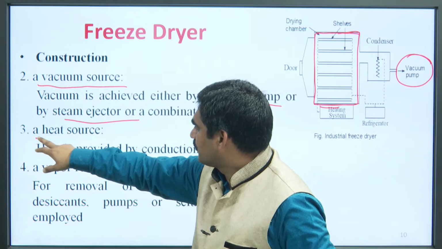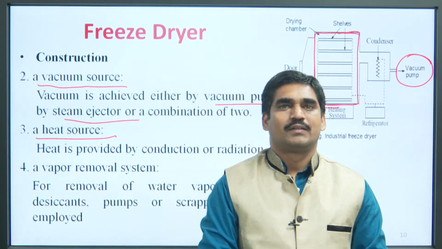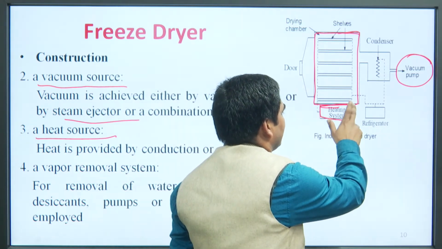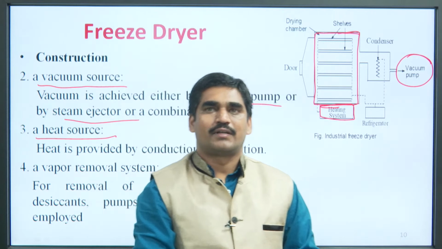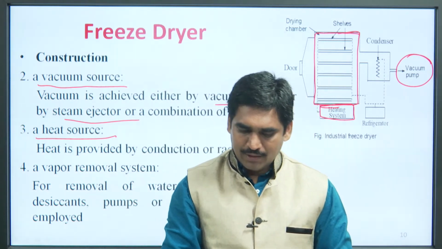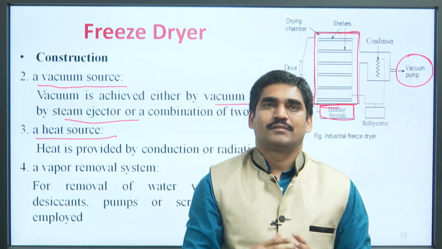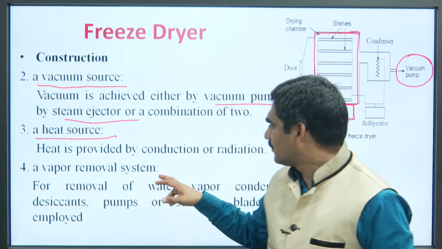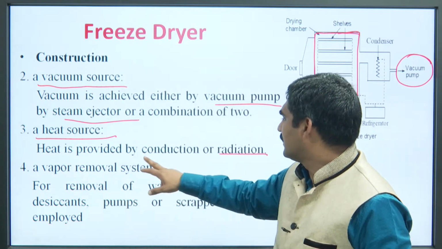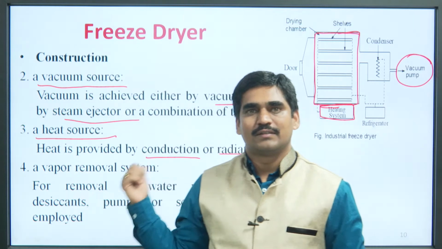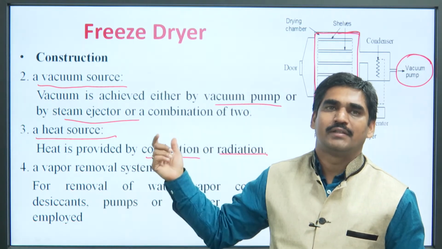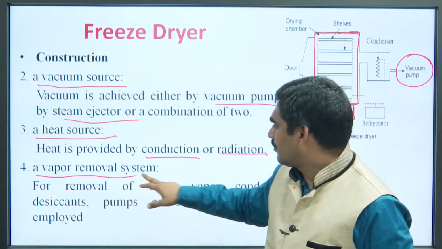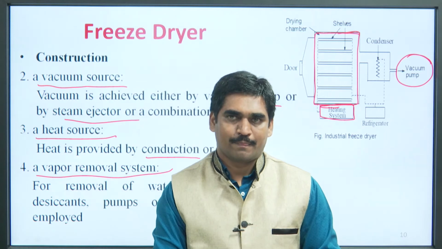The third part is the heat source, that means the heating system from where the heat is supplied to this drying chamber. Two mechanisms for heat transfer are followed, one is conduction and another is radiation. By using these mechanisms heat is provided to the dryer. The fourth one is a vapor removal system.